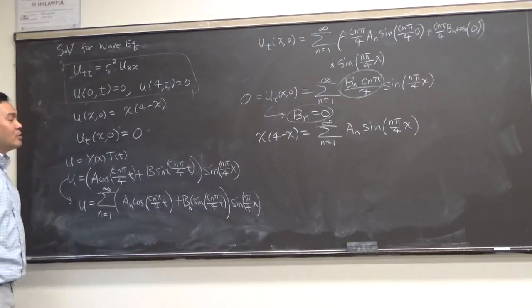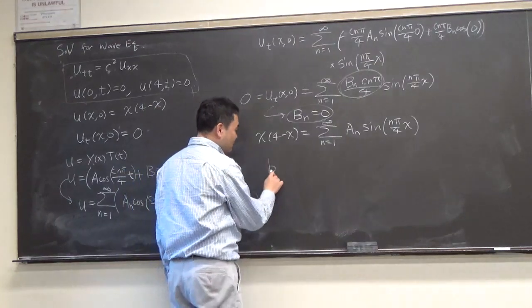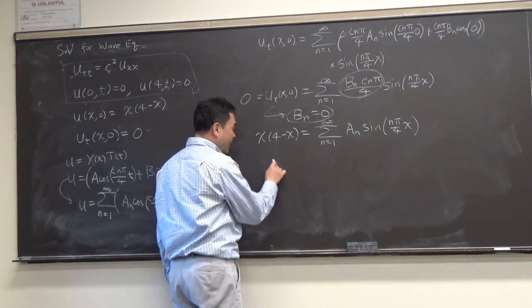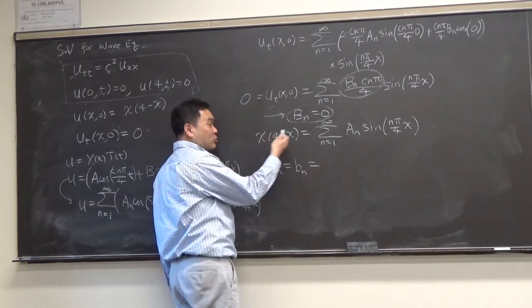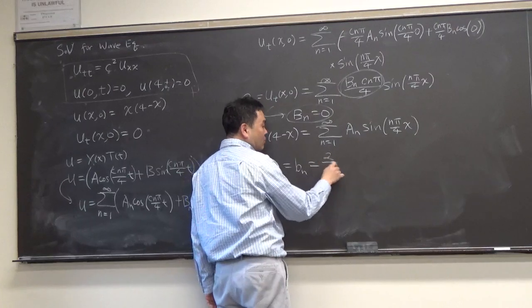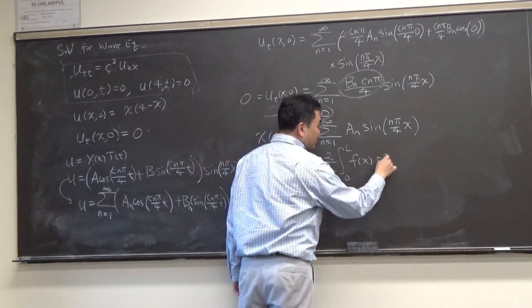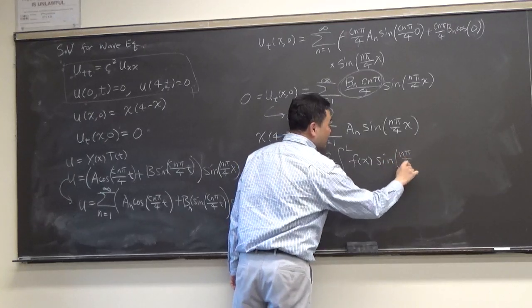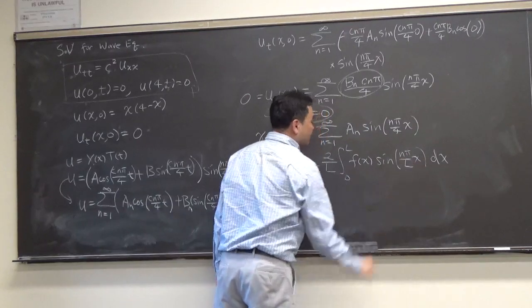And we know that that an is the bn for this. So that an is really the bn from the Fourier sine series. We're trying to find the Fourier sine series of this, which is defined as 2 over L, integral from 0 to L of f of x, sine n pi over L x dx.